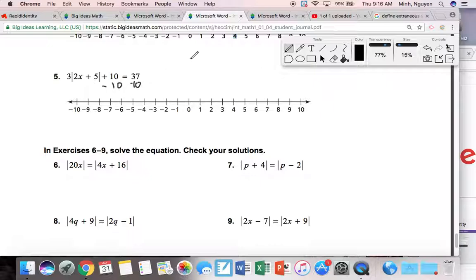We're going to start with the 10 because when we use inverse operations and there's multiplication to deal with the 3, and there's addition or subtraction to deal with, you're going in reverse order of operations, so you take out the addition and subtraction first. So I got 3 times the absolute value of 2x plus 5 equals 27. Now I can divide both sides by 3.